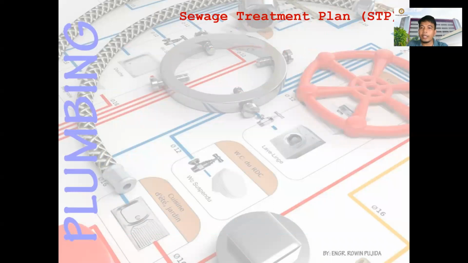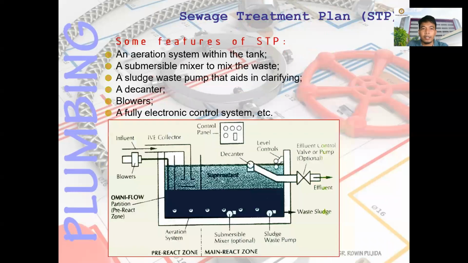So next we have the sewage treatment plant, or STP. Some features of the sewage treatment plant: you have an aerobic system within the tank, a submersible mixer to mix the waste and the water, a sludge waste pump that aids in clarifying, a decanter, maybe a blower, and a full electronic control system, etc. Maybe you have sewage treatment plant and water treatment plant in your environmental engineering, so this topic will be elaborated in that subject.